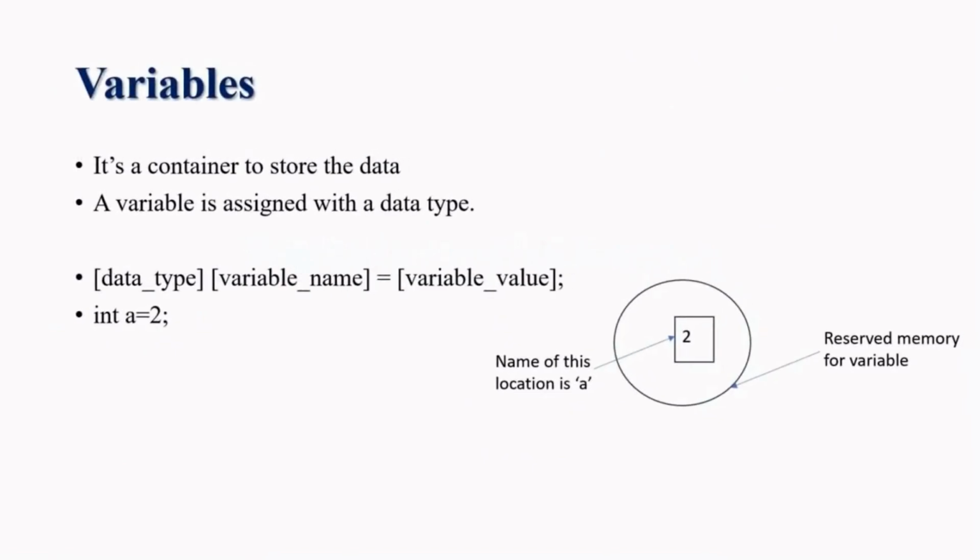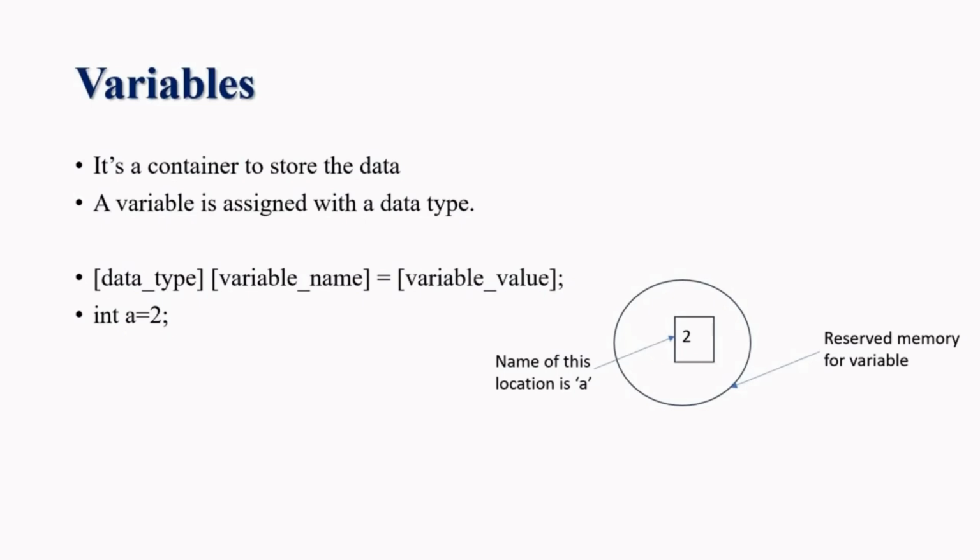A variable is a container to store data. Whatever information you have given will be stored in one container. Here the container is nothing but a variable. The information will be stored in a variable. A variable is assigned with a data type. See here the syntax: data type, variable name equals variable value.